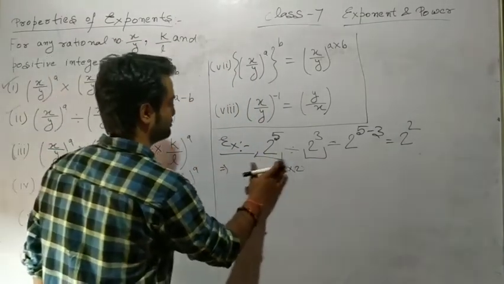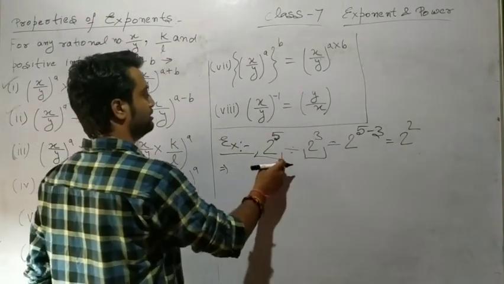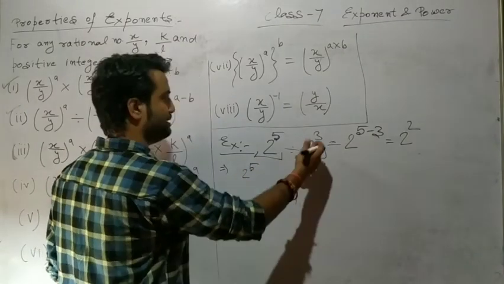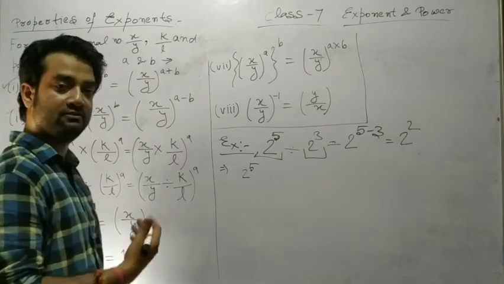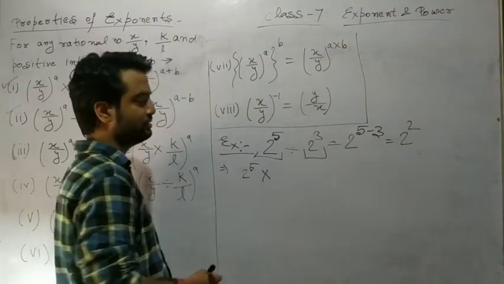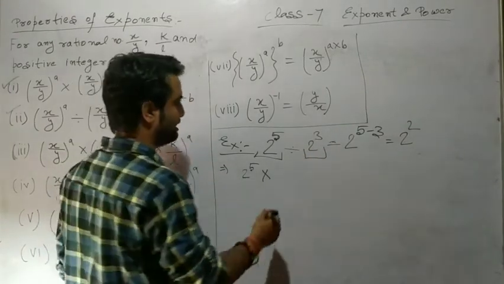If we simplify the LHS, it is 2 raised to the power 5 divided by 2 raised to the power 3. We know that when we convert the division sign into a multiplication sign, the divisor is inverted. We write the reciprocal of the divisor.